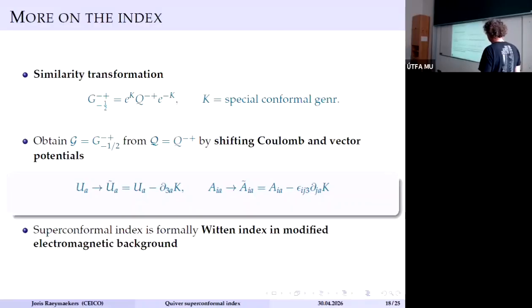If you work it out a bit, you can see that this similarity transformation can alternatively be absorbed in a redefinition of your Coulomb potential and vector potential background fields. So we shift them as follows. In this way, computing the superconformal index is formally the same as computing the Witten index, just in a modified electromagnetic background. So we can do the two at the same time.